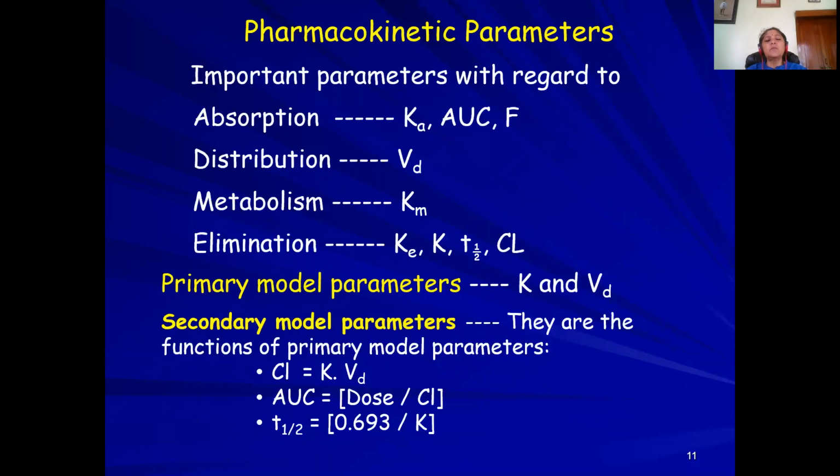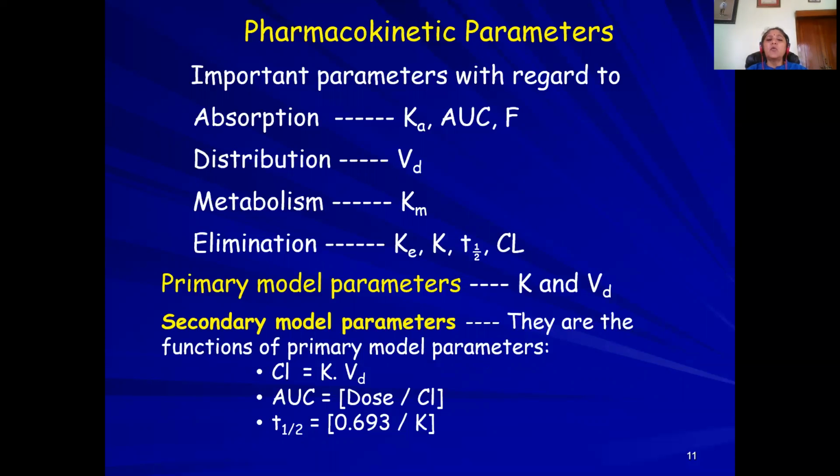In metabolism, important parameter is Km, that is the metabolic rate constant. And in elimination, it is Ke, that is the renal elimination rate constant, K, that is the overall elimination rate constant, T half, that is the biological half-life, Cl, that is the clearance.